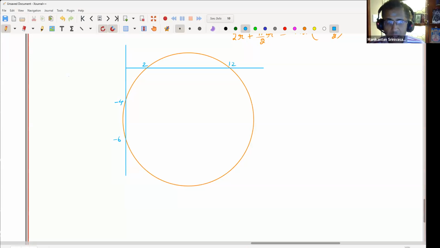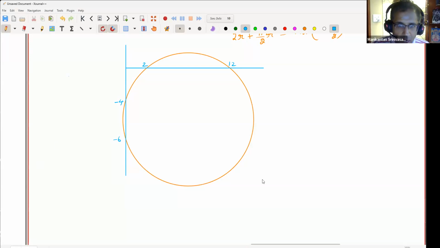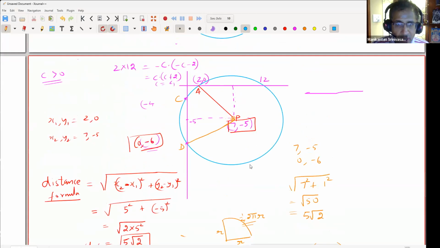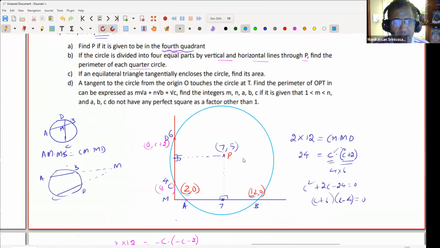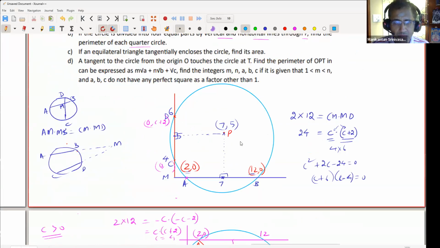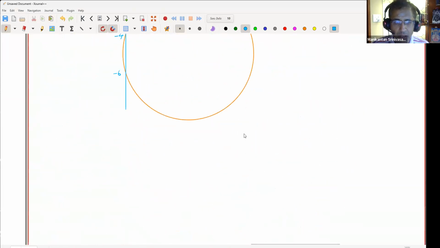Okay. Now, if I have a tangent that goes around this, right? So first I have to find out what is the question? If an equilateral triangle tangentially encloses the circle, find its area. Okay.